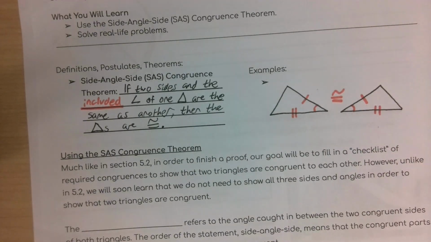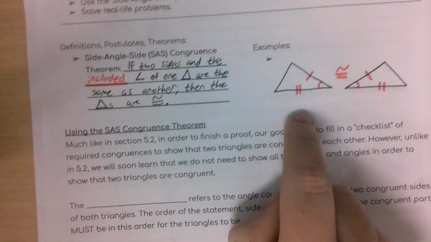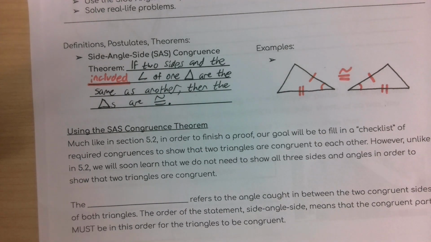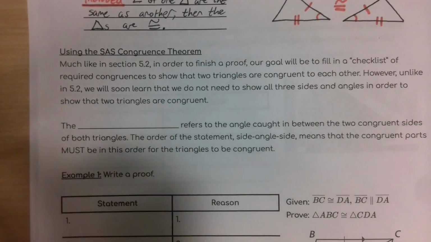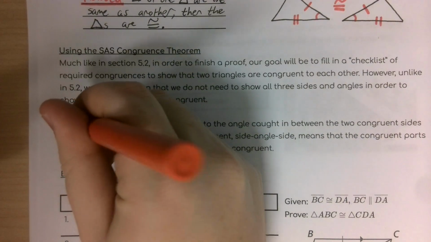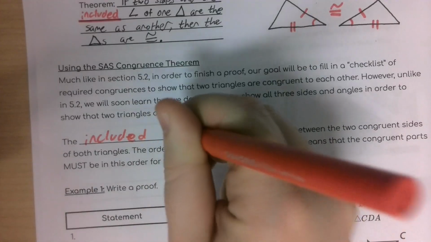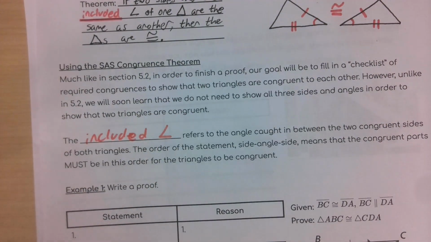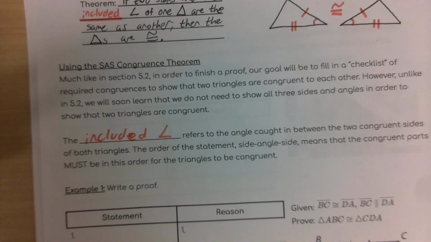I took note of something very important here. Of course, we need these three pieces of information to be the same across both of them, but I also mentioned an included angle. The included angle refers to the angle caught between the two sides of both triangles.